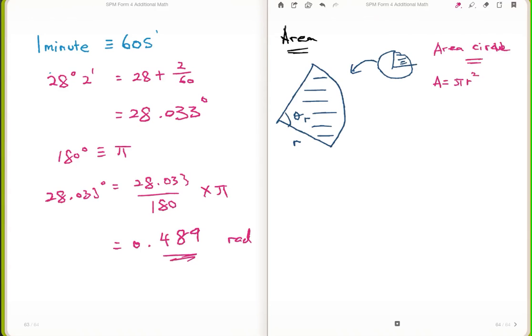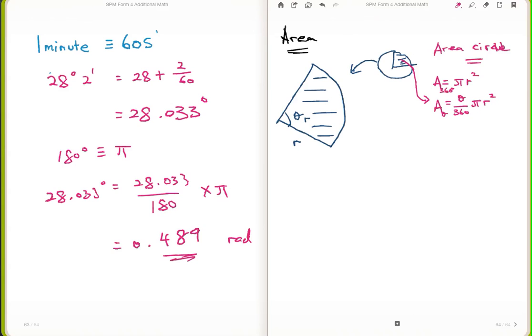Now over here, it's a further derivative. If you want to get this small area over 360 degree, therefore the area would be simply take the angle over 360. It's just how many parts of 360, and then you times it with pi r squared, where pi r squared is one whole circle. This is 360 degree. This is an angle.